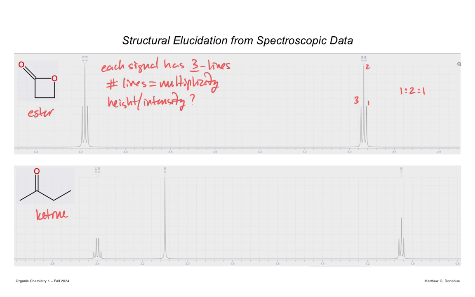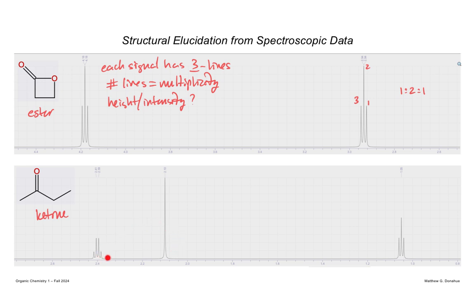Now, if we look at the ketone, we have this signal here, a little past 1. That looks like what we saw already. But then we have this signal. It only has 1 line, right? So why is that different?